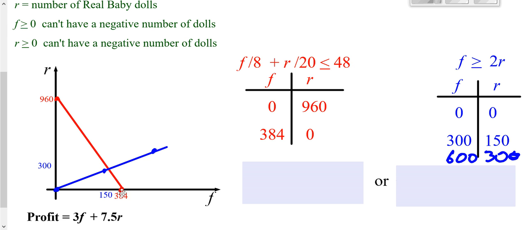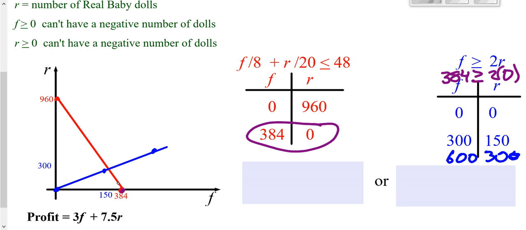So I could try this point here in red, which is this right here. So if I tried that point 384 and I plugged in my corresponding 0 over here, I know that 384 is greater than 0, so that side, I tried this point here and it worked.